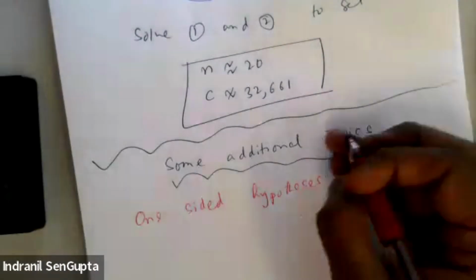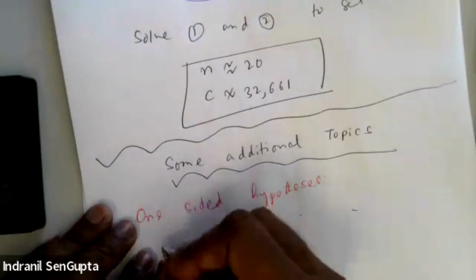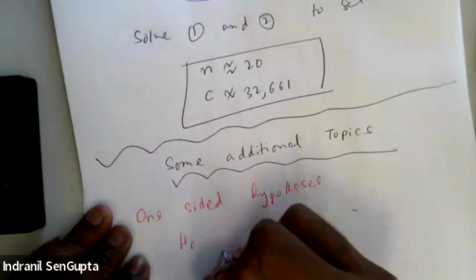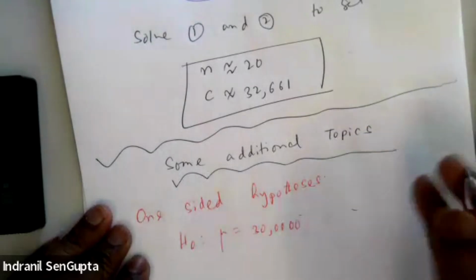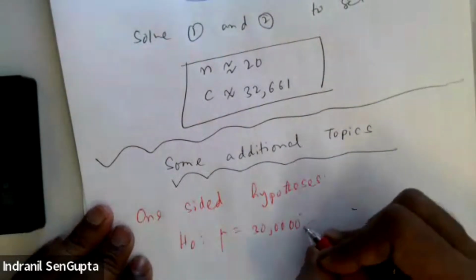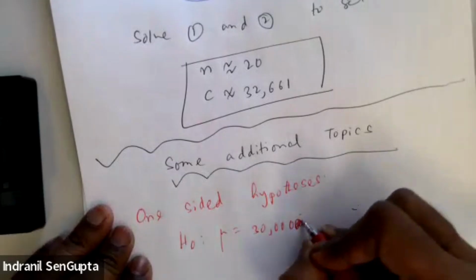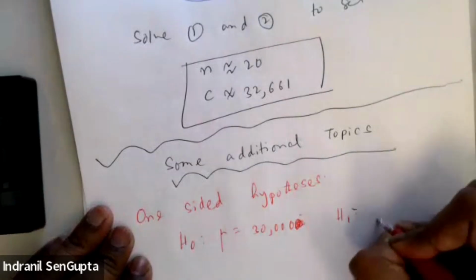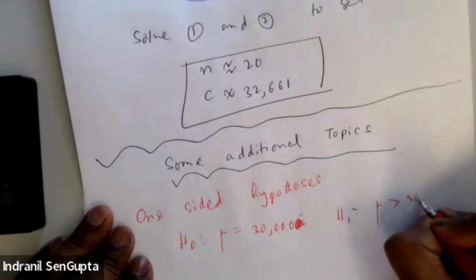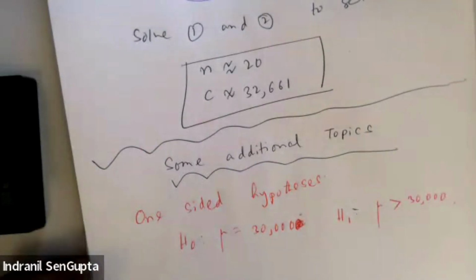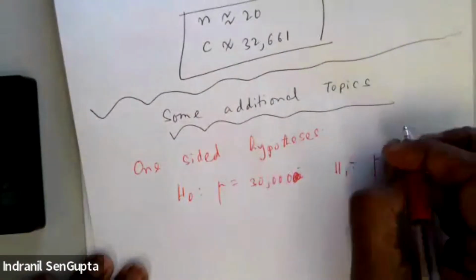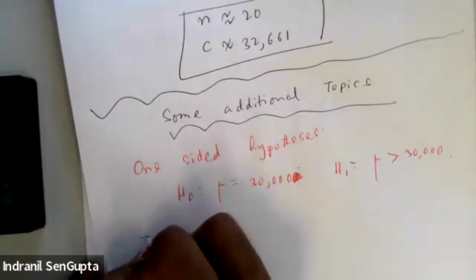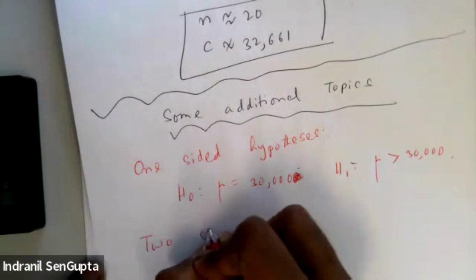For example, in the last example, H0 is mu equals 30,000 versus H1 is mu is more than 30,000. Now, in this section, we can also start something called the two-sided hypothesis.